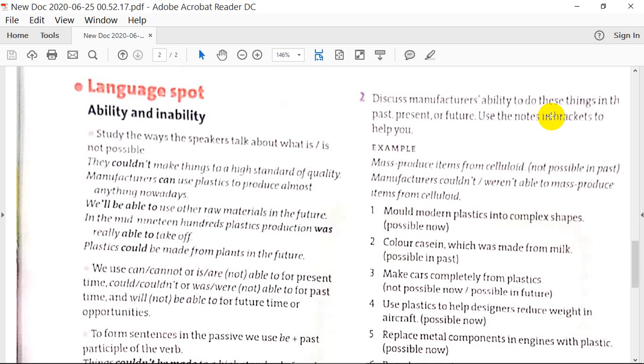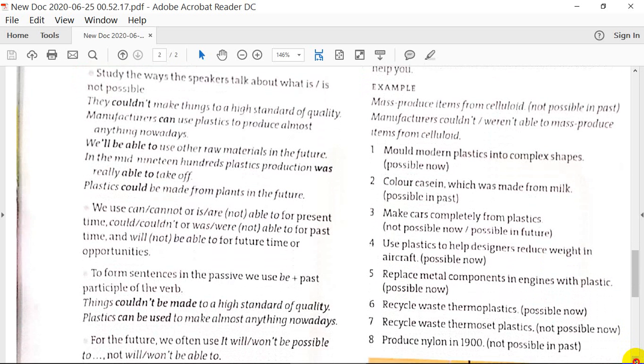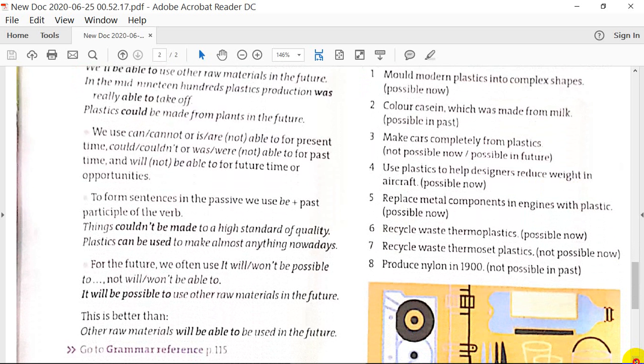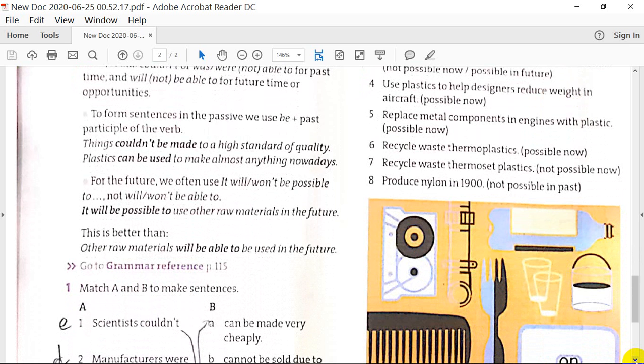Use plastic to help designers reduce weight, to reduce weight of aircraft. It's possible now, you can use present. Replace metal components, possible now.